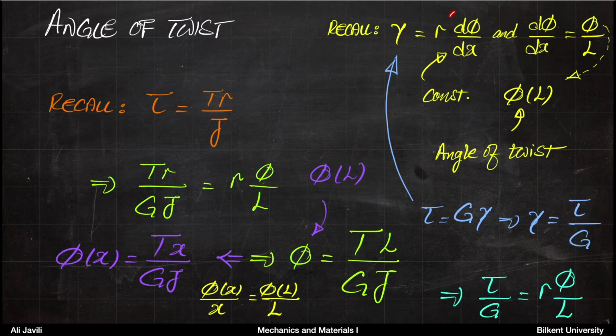Or let's say because you know d phi over dx is constant, you can imagine that phi x divided by x is the same as phi L divided by L. In other words, once you have phi at L, you can also calculate phi at x. So phi at x, the angle of twist at the distance x from the base, would be Tx divided by GJ.